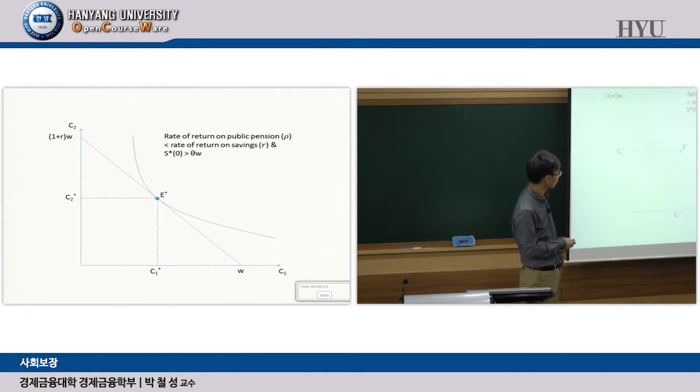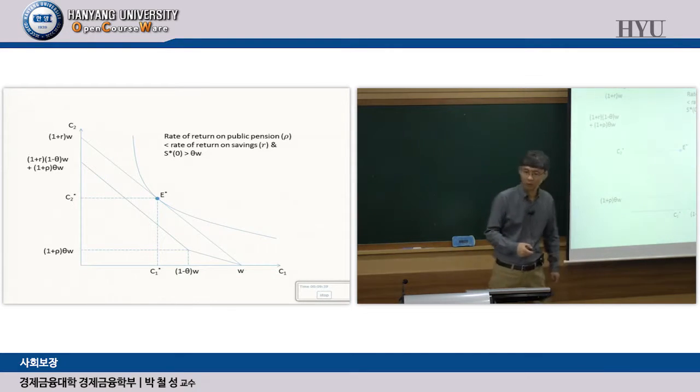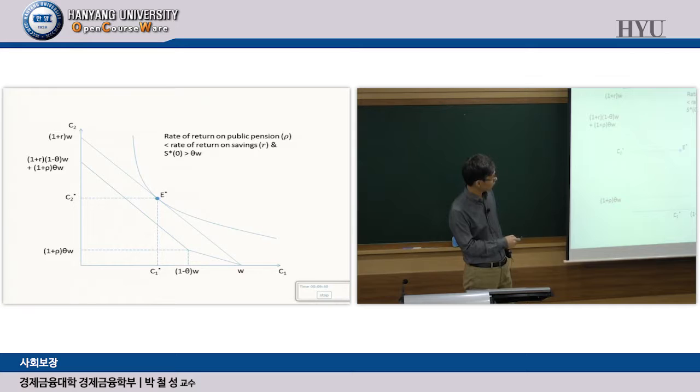If you have only private savings, then your lifetime wealth is distributed along this budget line. But with your pension that gives you a lower rate of return, your lifetime wealth basically goes down. Okay? So your budget line shifts inside, which means that you are poorer in total.